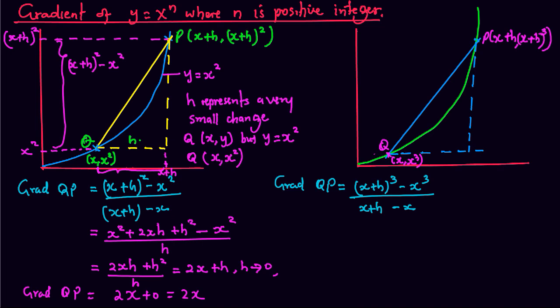For y is equal to x cubed, there's a small change h, which gives us the coordinate here as x plus h, and the corresponding coordinate on the y-axis is x plus h cubed, because we have y is equal to x cubed as the equation of the curve.